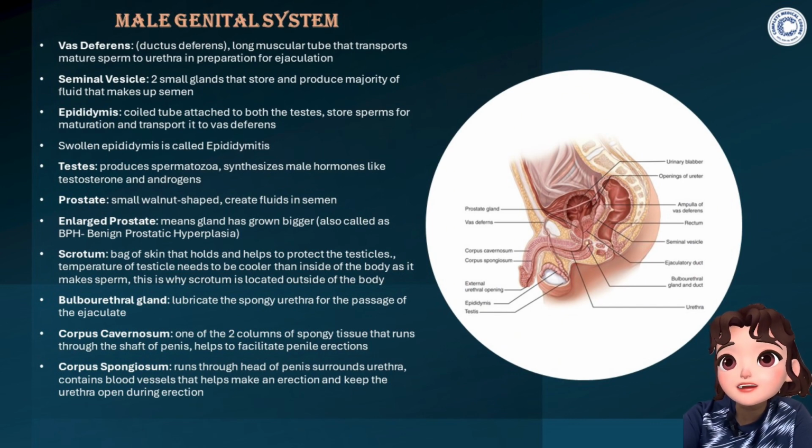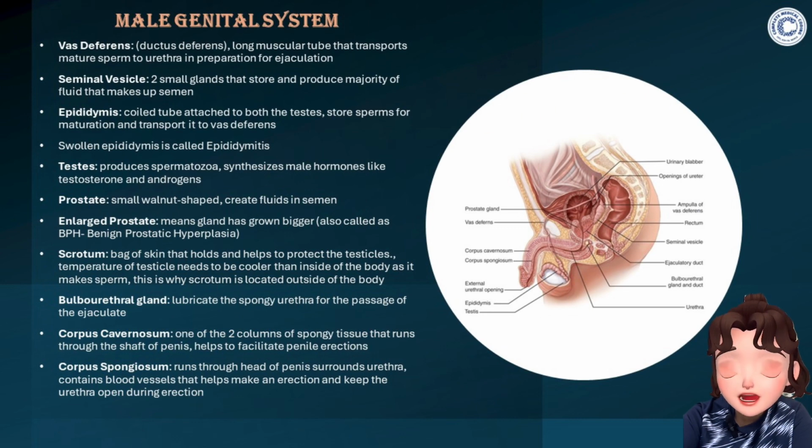Testis produces spermatozoa, synthesizes male hormones like testosterone and androgens. Prostate, it's a small walnut-shaped organ, creates fluids in semen. Prostate or prostate gland, okay. Then what happens if prostate gland is enlarged?